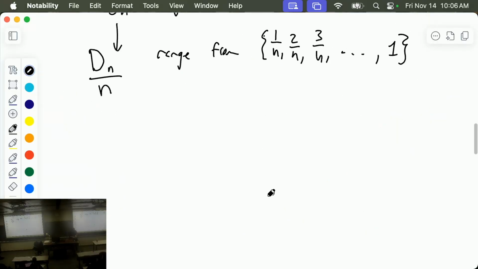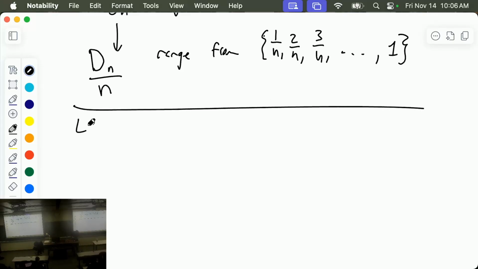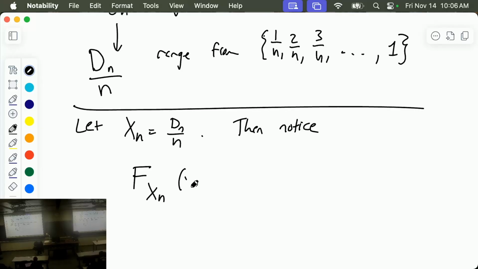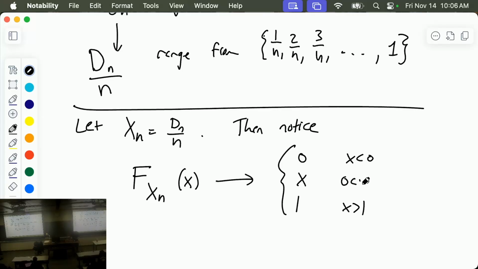Okay, this one converges. So let xn equal dn over n. Then notice the cumulative distribution function for xn is converging. It becomes the function y equals x. Well, actually, it becomes a function either 0 or x or 1, depending on if x is less than 0, x is bigger than 1, or x is in the range over here.